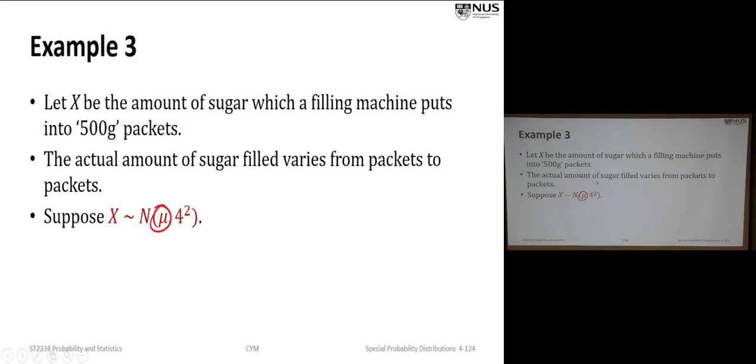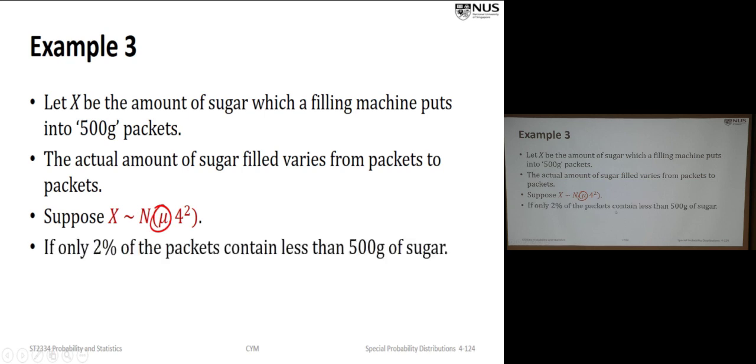A machine has variation, so it fills up the packages sometimes more, sometimes less. But we expect it should hit 500 grams. Suppose now we don't know the mean of the amount packed into one package.